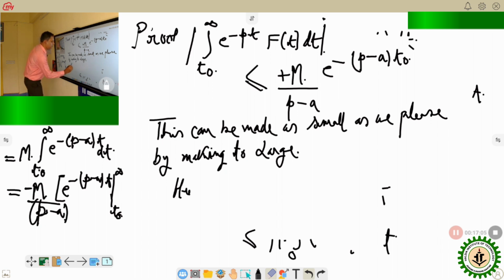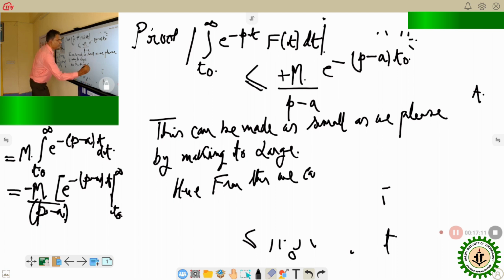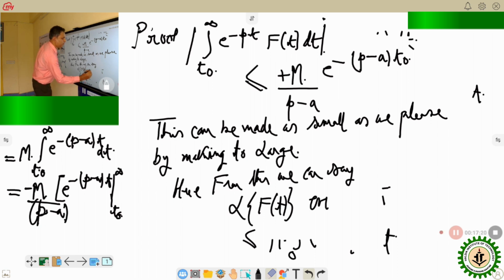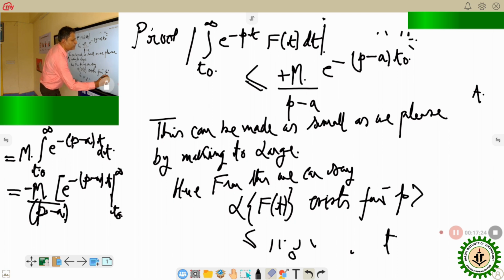Hence, from this we can say the Laplace transform of f(t) exists for p greater than a.